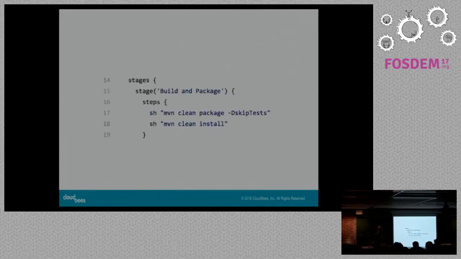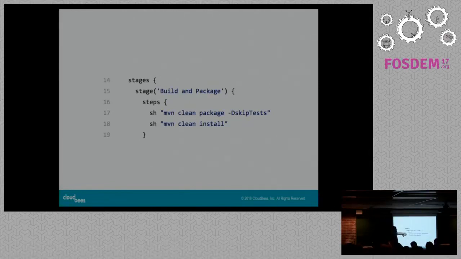The next key part, and probably the bulk of declarative, is stages. You put all of your stages inside the stages block. It's at least one and as many more as you want. Each stage takes a name, and then it can take some configuration that we'll take a look at later, and then a block of steps to execute.